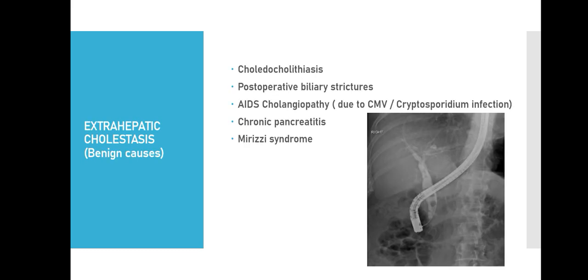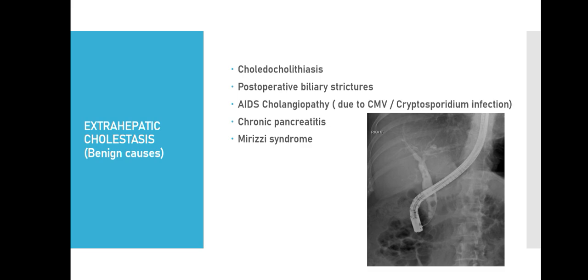Extrahepatic cholestasis, we have benign causes and malignant causes. In benign causes, we have choledocholithiasis. This is stones in common bile duct. It is the most common cause for extrahepatic cholestasis. Postoperative biliary strictures, AIDS cholangiopathy.